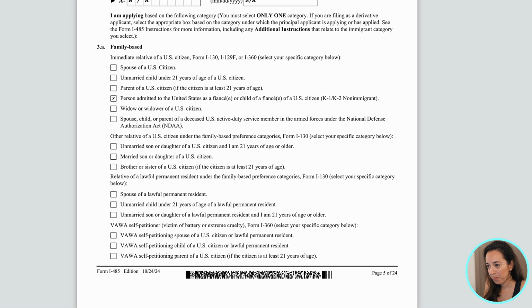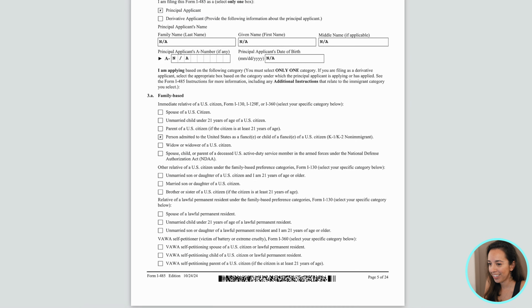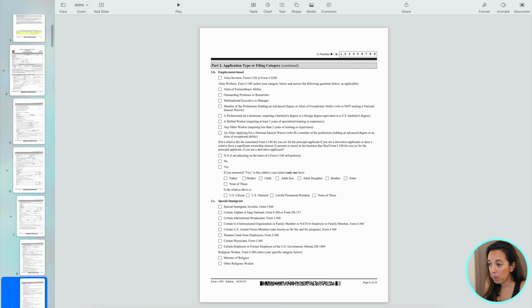Question 3A asks, under which category are you applying? So you're only going to check this one, which is person admitted to the United States as a fiance or child of a fiance of a U.S. citizen, K1, K2 non-immigrant. So we can completely skip page 6 as we've already filled out question 3A.